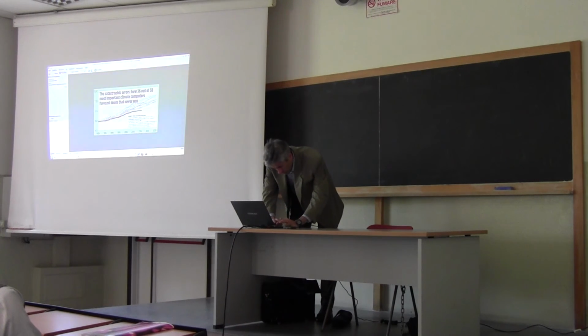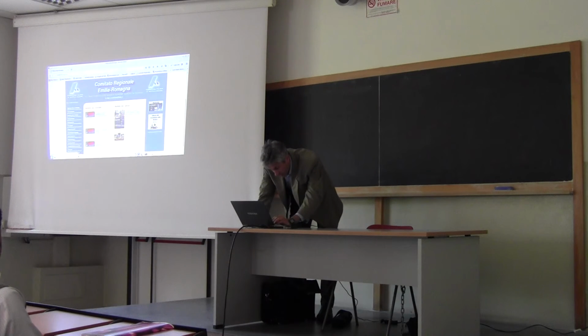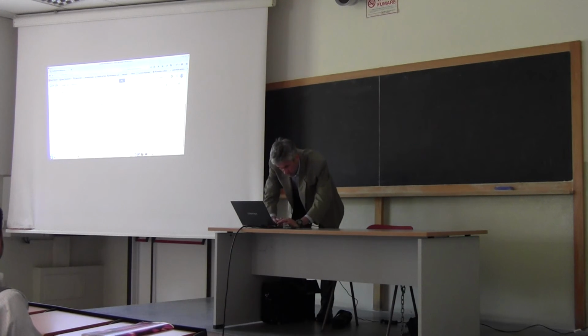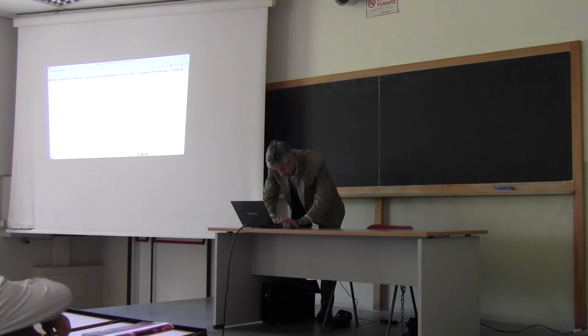And also there was an interesting graph. Let me see if I can find it. There is the hockey stick controversy. There was a prediction developed around 2000, which triggered a lot of discussion.